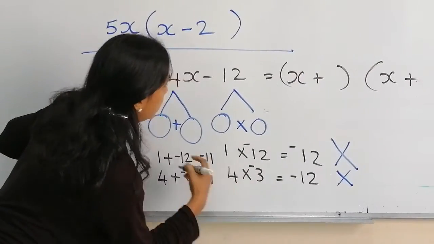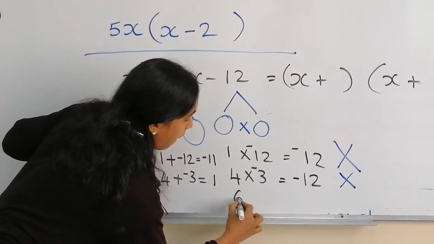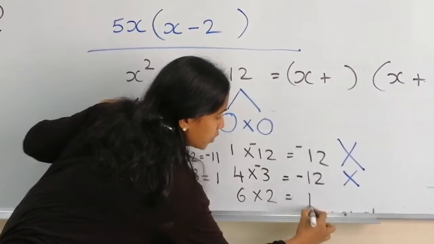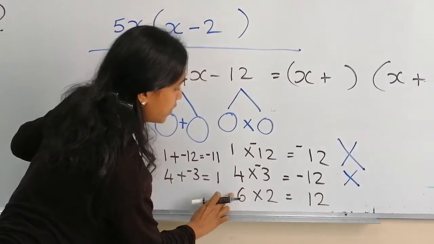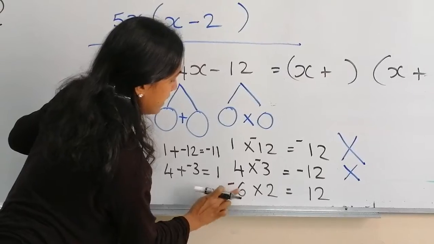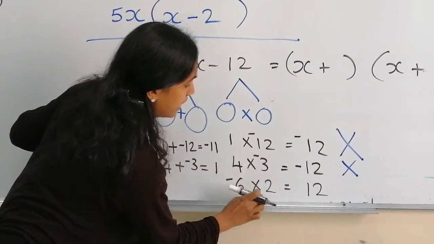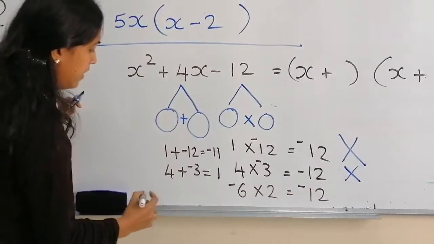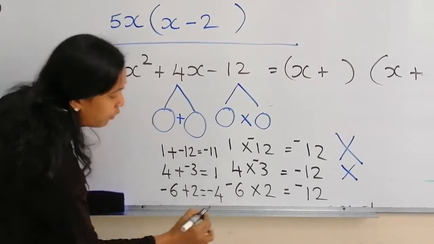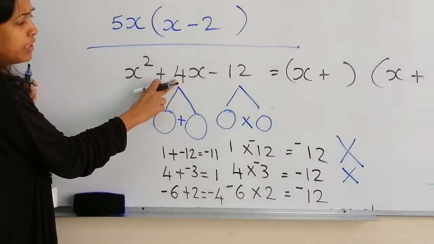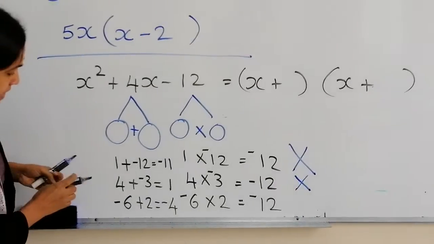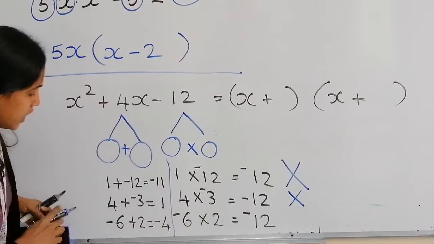Another one, 6 and 2. 6 times 2 is 12. As I told you, one number should be negative. I am giving 6 as negative. So negative 6 times 2 is negative 12. But when I add negative 6 plus 2, I get negative 4. Here our answer should be 4, not negative 4. That means I need to change the sign.